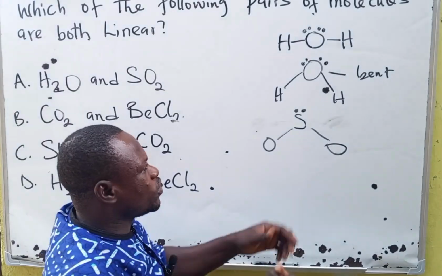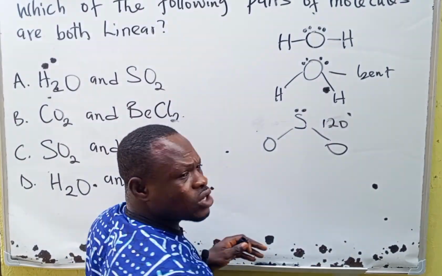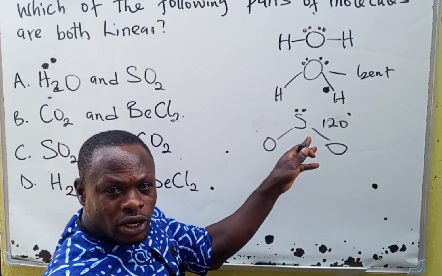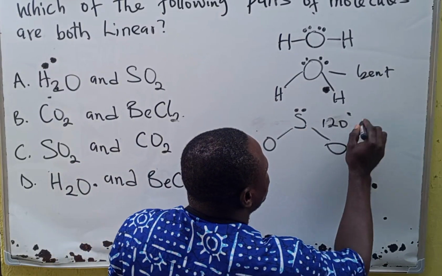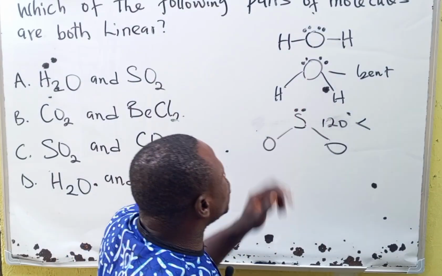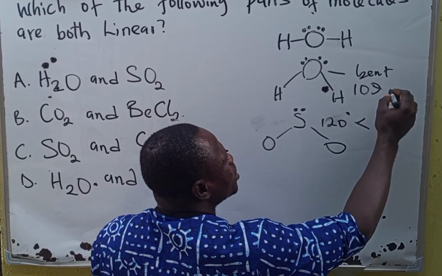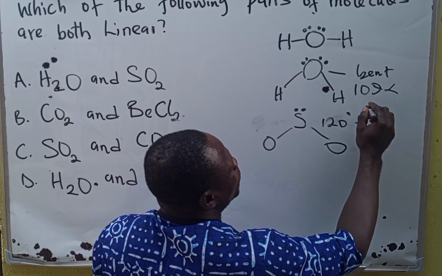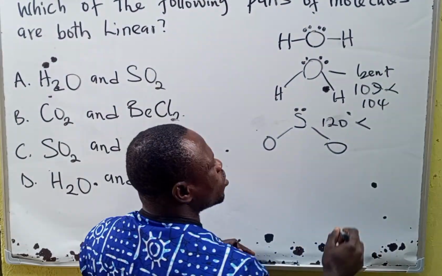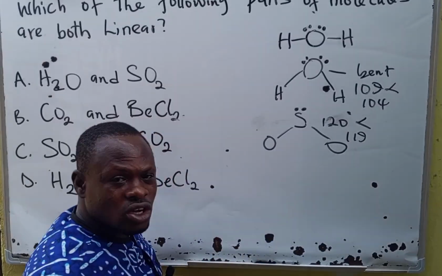It was supposed to be 120 degrees, but it is now less than 120, about 119. Likewise, for water the supposed bond angle is 109, but in the real sense it is less, which is 104.